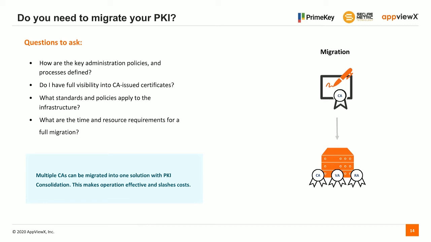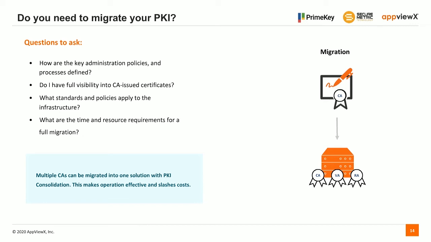The key aspect is, first of all, how are you going to manage the keys and the policies and define the process? Because you don't want to bring in the legacy over, right? And then, do I have the full visibility into all the CA certificates? Is there a central inventory of all the certificates issued by CA accounted for to the devices?